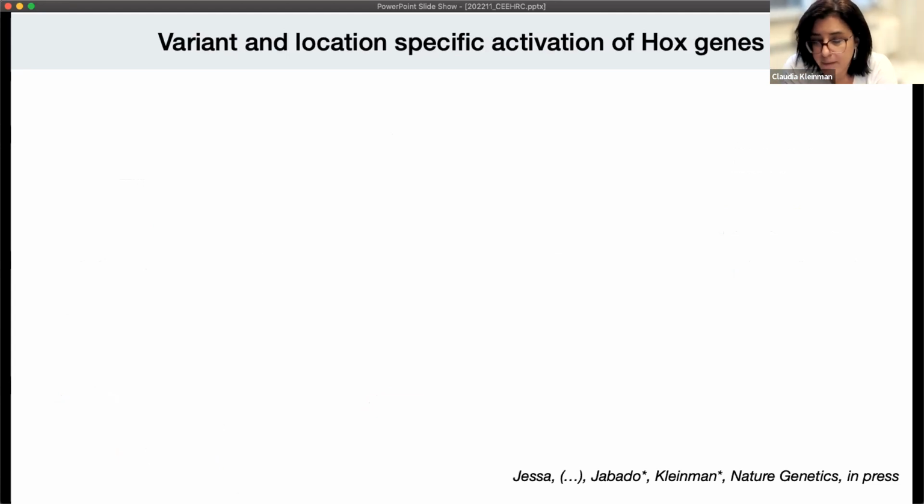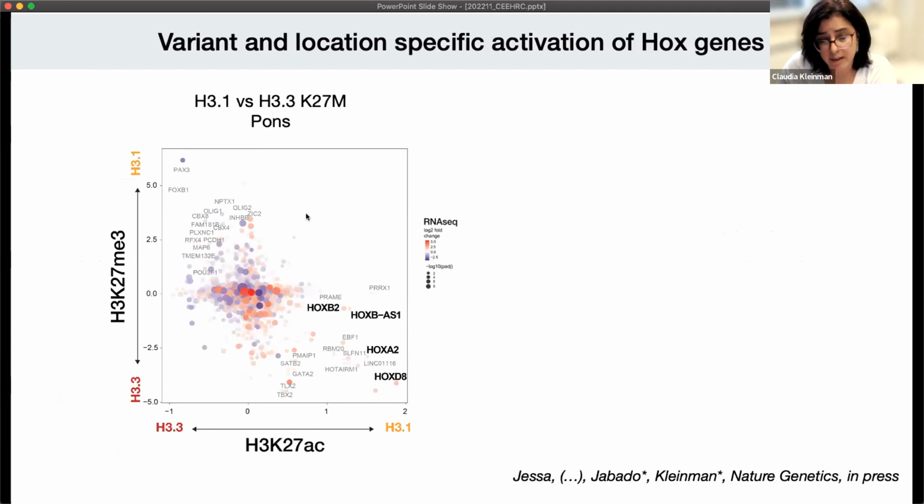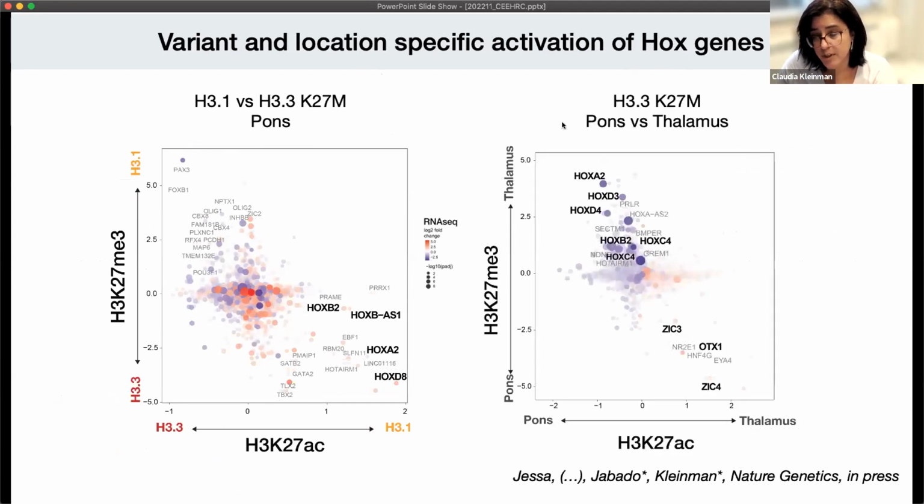So now that we have the numbers, we can start asking the question, with the analysis that Selin was describing, of tumors in the same location but hit by different mutations, or tumors in different locations hit by the same mutations. What do they have in difference? What we see is a very clear dysregulation of the Hox clusters in both cases.